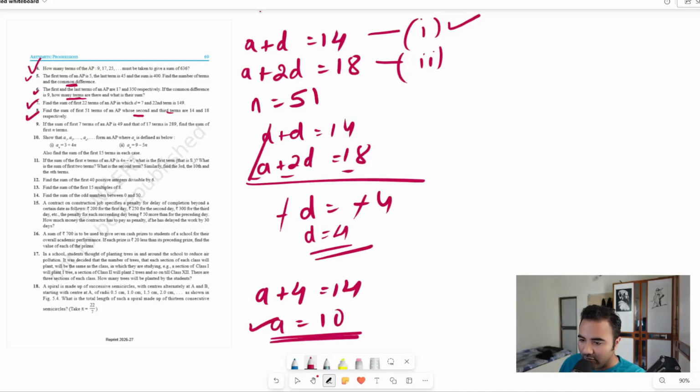So now we have the first term, we have the common difference, we have n. And what are they asking? We must find the sum of first 51 terms.